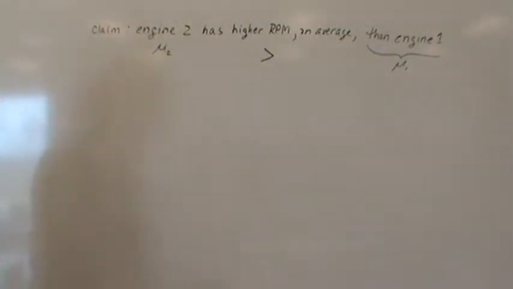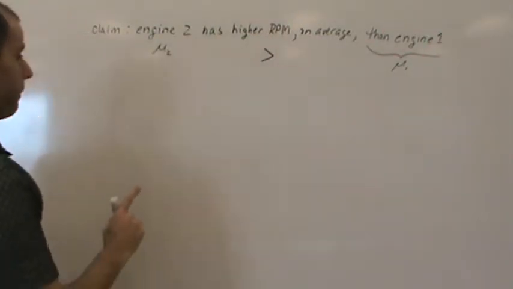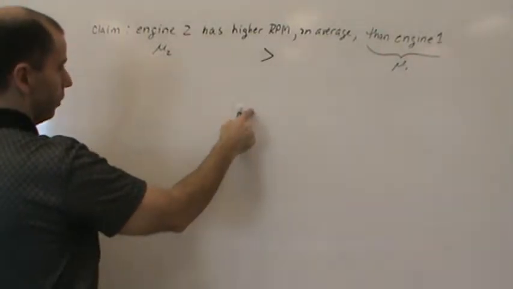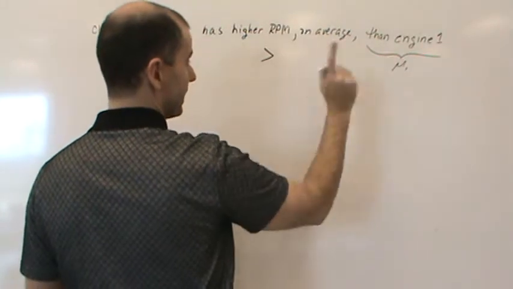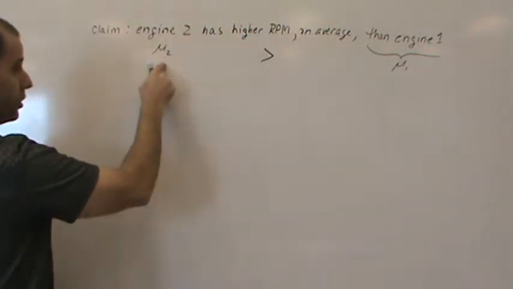Okay. Now, how are we going to write this for our hypotheses, though? Well, our hypothesis is always mu1 followed by mu2. So if mu2 is greater than mu1, that's the same as saying mu1 is less than mu2.